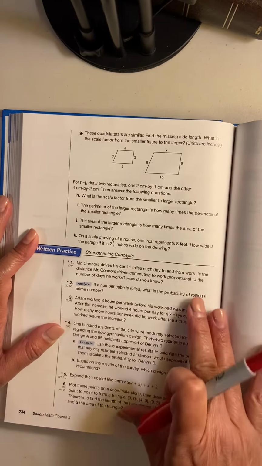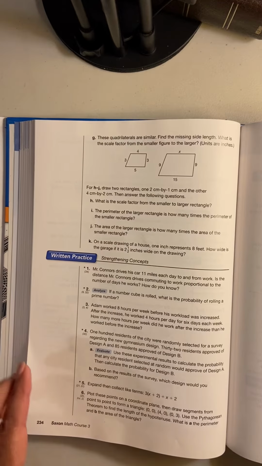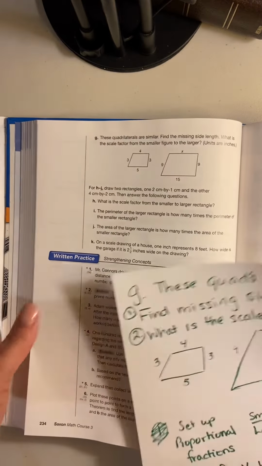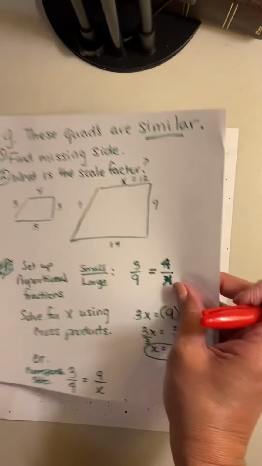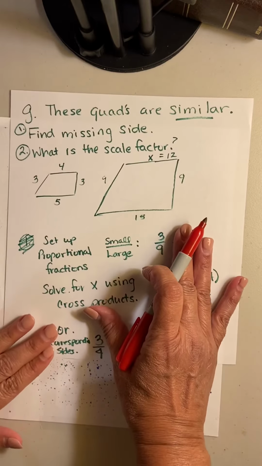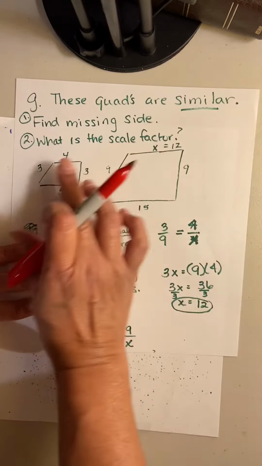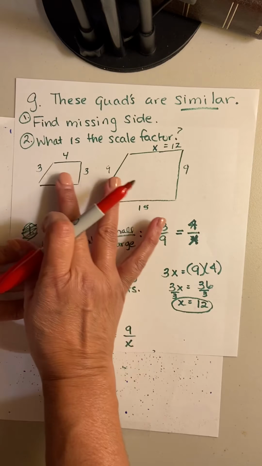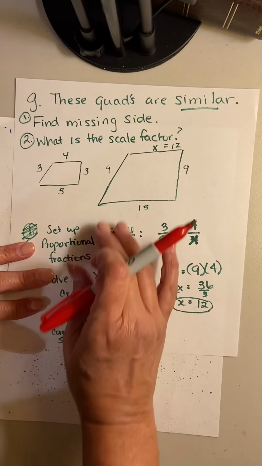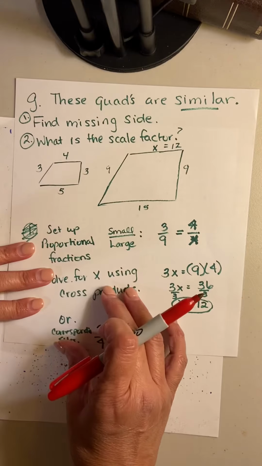So here's the picture. I tried to draw it, not so great, but I went ahead and did a drawing of it. Let me move my book so it doesn't take up all this extra room. It says these quads are similar. This is an important statement. It tells me that if these quads are similar, then any of the fractions I make using the side lengths have to be equal.